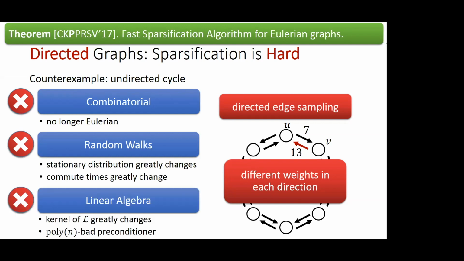And finally, from a linear algebraic perspective, equivalent to what we said from a random walks perspective, the kernel of the matrix can change by a huge amount, and the resulting directed Laplacian matrix can be a polynomially bad preconditioner of the original matrix. We talked about preconditioning in the last slide, but it's fine if you don't remember that definition. The point is basically that from every different perspective, the graphs do not approximate each other. So it's convincing evidence that this naive attempt at an algorithm doesn't work in the directed setting anymore.